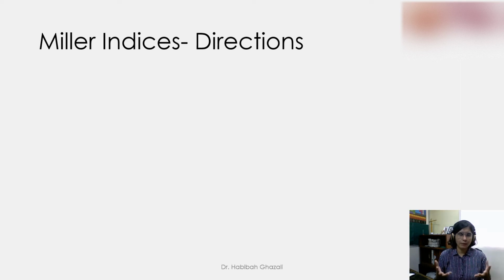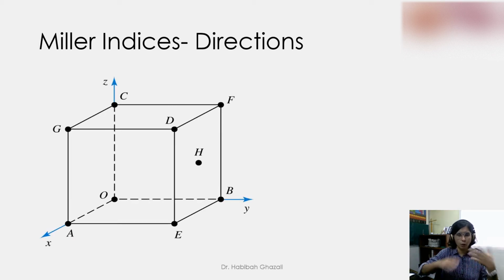Before we start naming our plane and direction, we need to identify the coordinate of each lattice point in our unit cell. In order for us to do that, I prepared a simple exercise for us to do together, to identify the location of each of these lattice points in its unit cell.